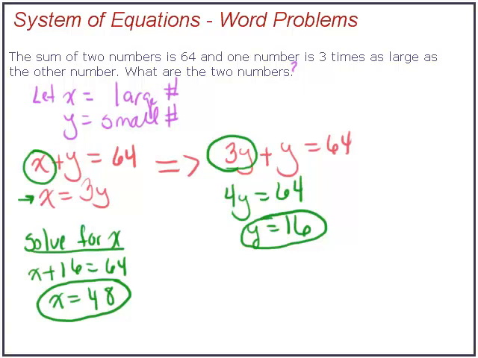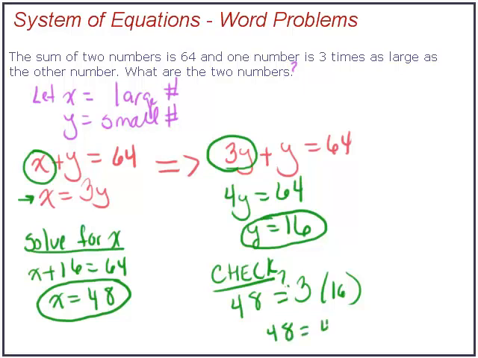And to check it, check with the other equation. x is 48. Does 48 equal 3 times 16? Well, yes, it does. 48 equals 48. So that's it with word problems for using systems of equations.